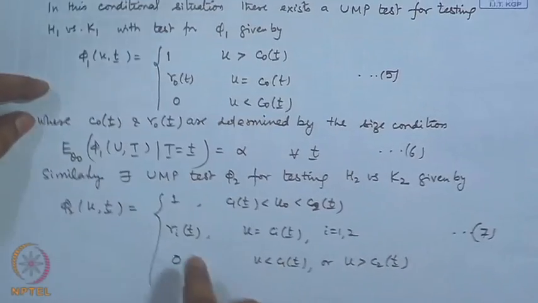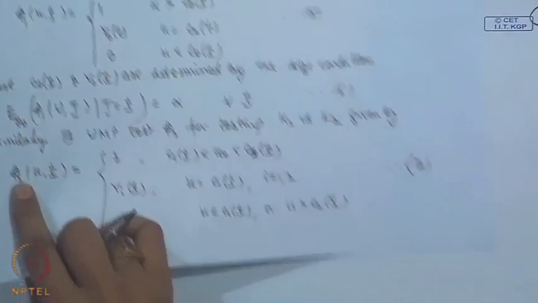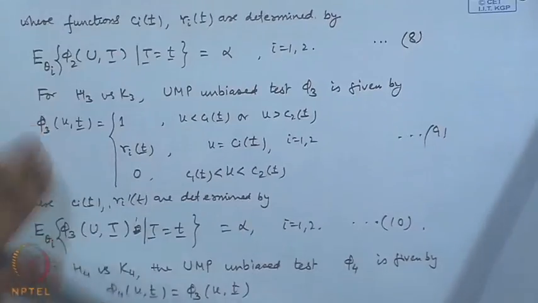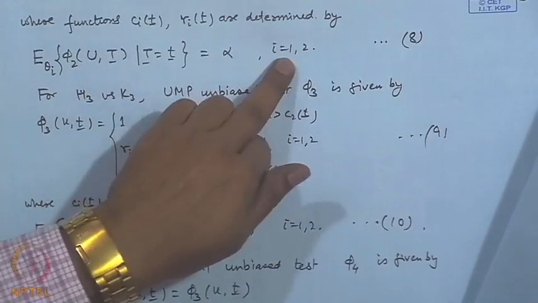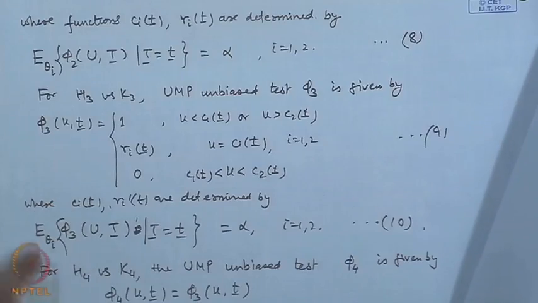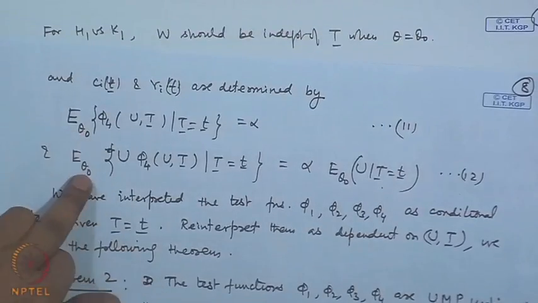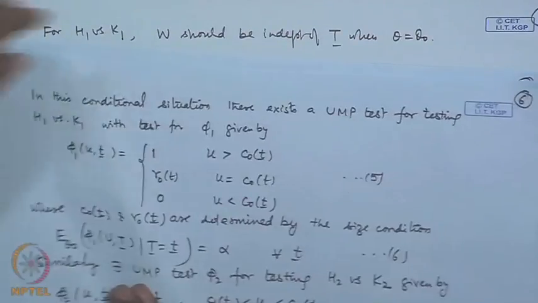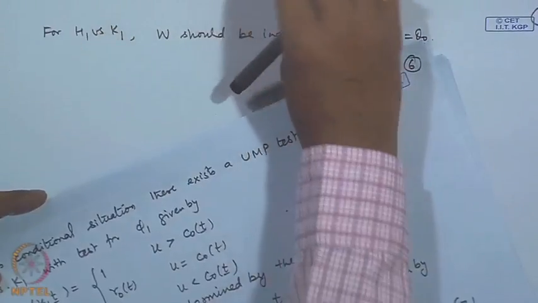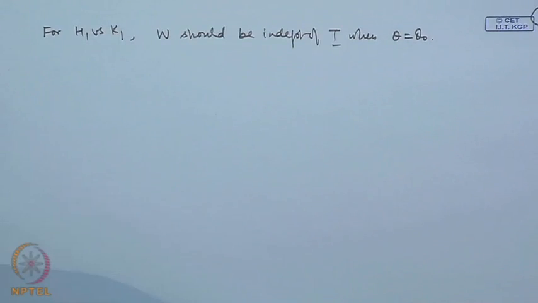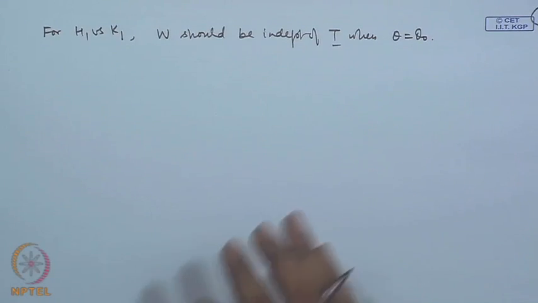Similarly, if you see phi 2 and phi 3, the condition is on theta 1 and theta 2, and similarly for H4 the condition is again on theta naught. So, we have to look at the independence of w from t at these points.